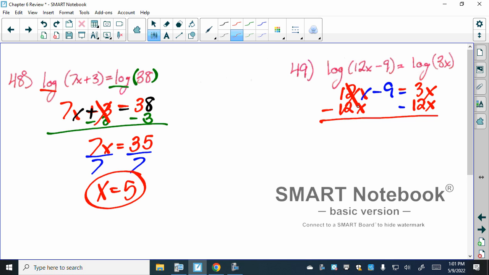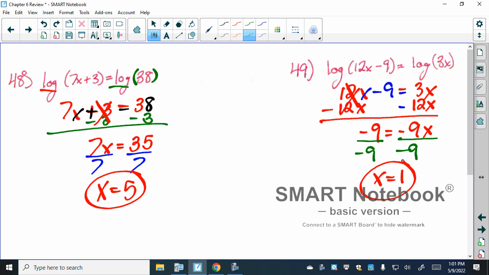Because 12x minus 12x is 0, telling us negative 9 is equal to negative 9x. And that's it. Any questions over any of these here?